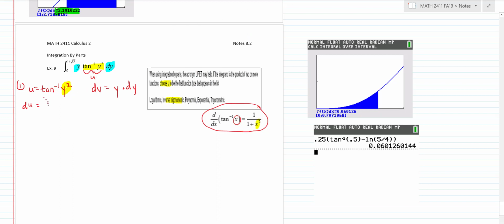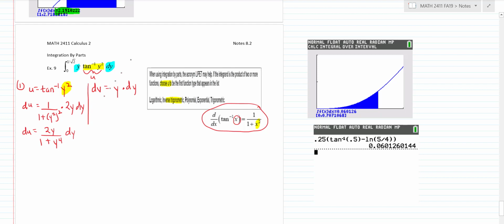Your derivative is going to be 1 over 1 plus y squared squared, times the derivative by chain rule, 2y dy. Then we'll clean that up a little bit, so that looks like 2y over 1 plus y to the fourth times dy.